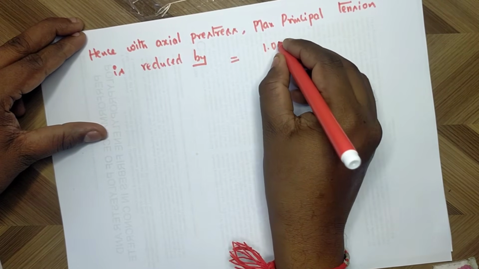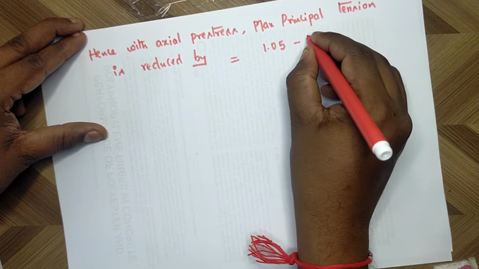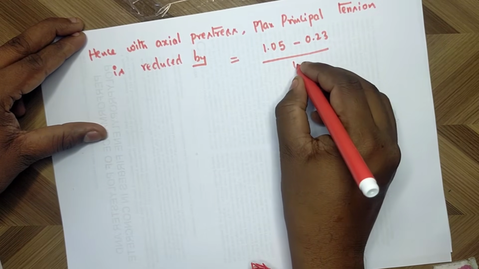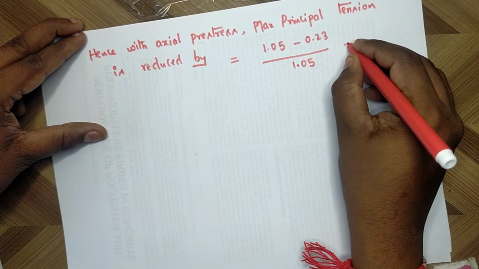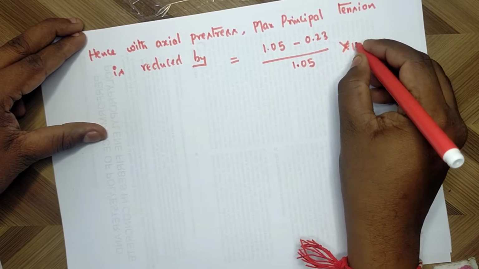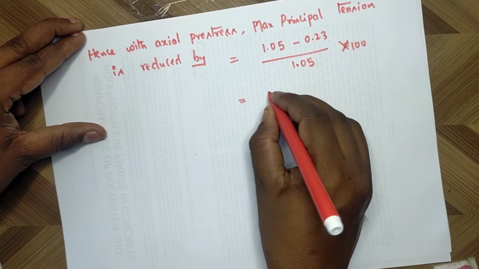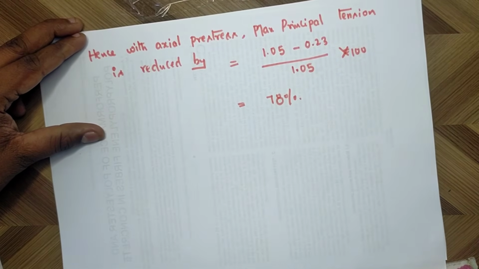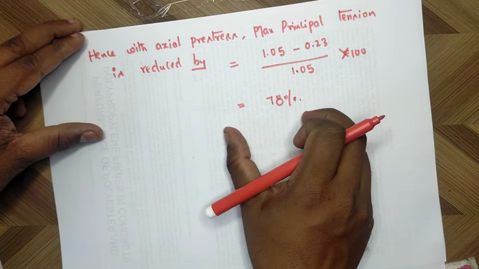Earlier it is 1.05 minus 0.23, divided by 1.05, into 100, that is equal to 78%. So 78% of tension has been reduced due to prestressing.